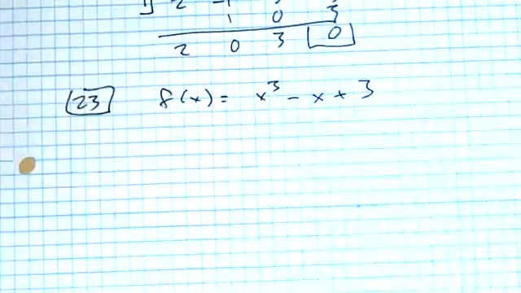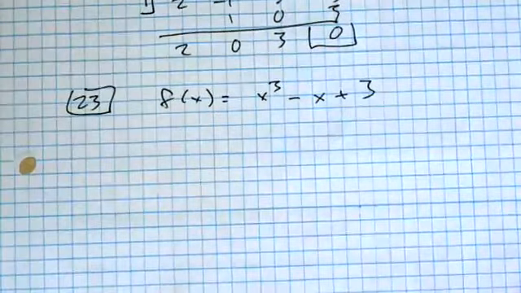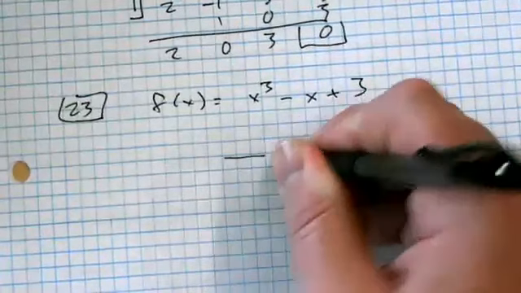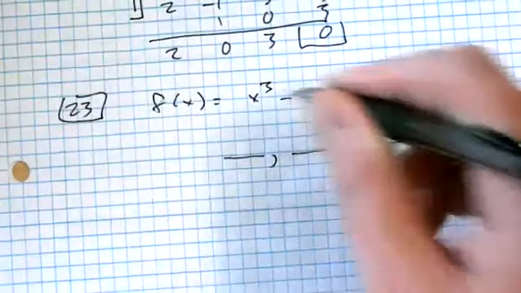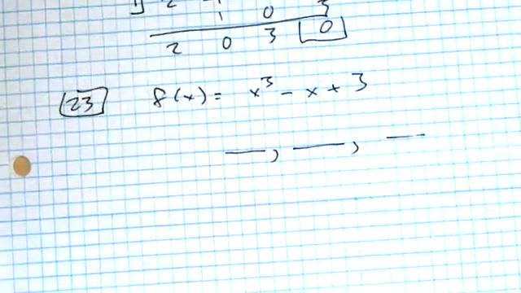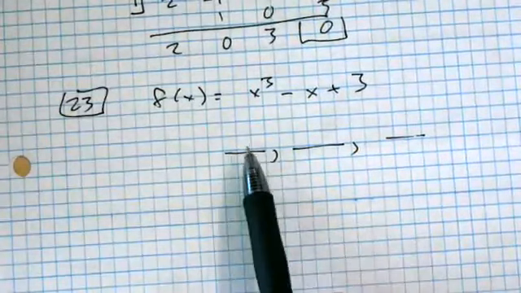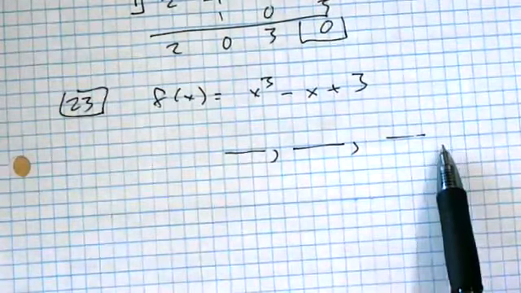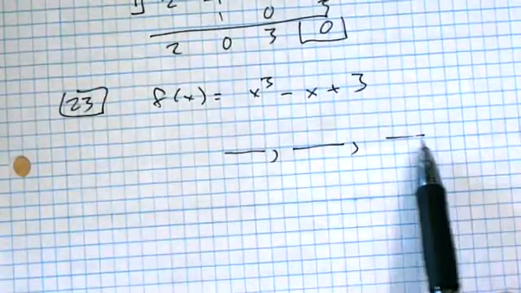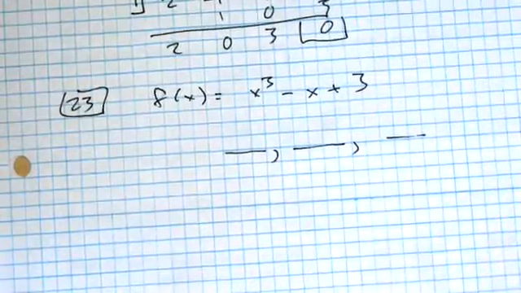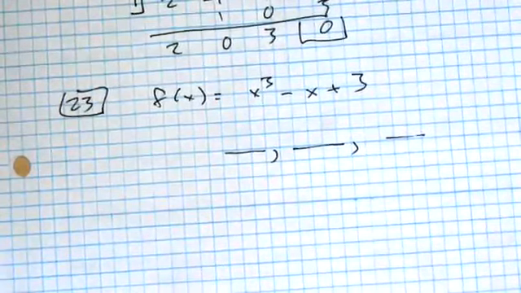So how many zeros do we have? There are 3 zeros because it's a 3rd degree polynomial, which means one of them has to be real. One of them is real or else all 3 of them are real. There's no way we could have 3 complex. We could have 2 complex. So how are we going to know which ones are real and which ones are not?